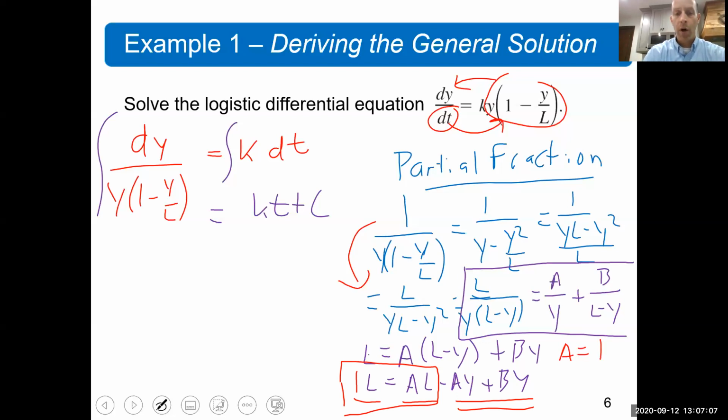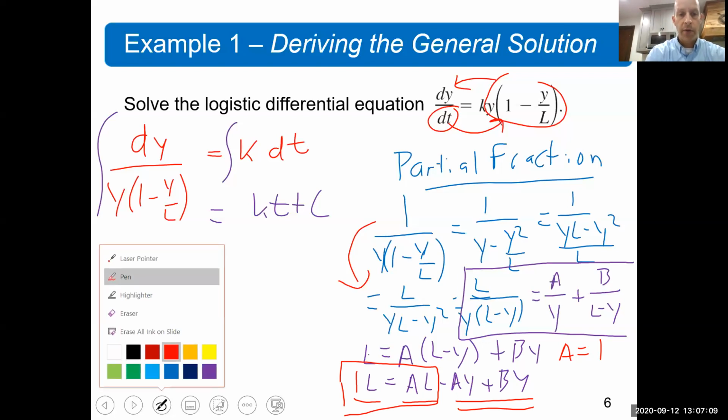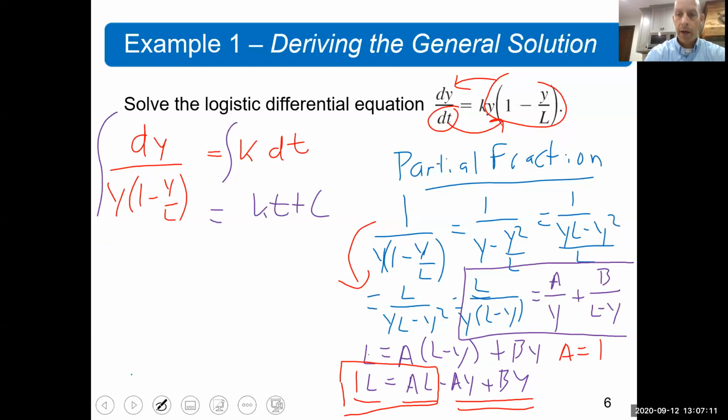Now, if A is 1, now let's consider these 2 terms. Let's do it in green. Let's consider these 2 terms right here. If A is 1, then you've got negative y, or I'll write negative 1y, then plus BY has to equal 0. So then what does B have to be? Well, you'd get negative 1y equals negative BY.